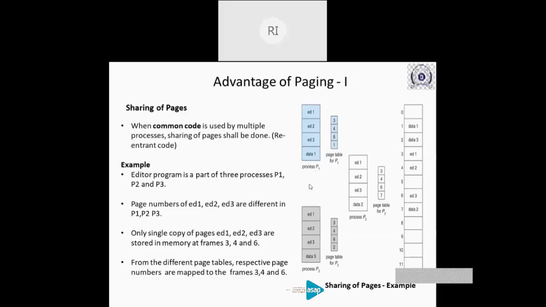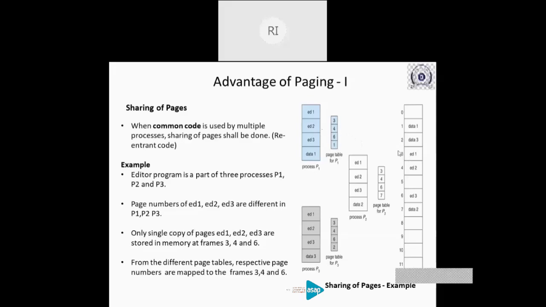Each process will have its own logical address space, and they are divided into pages. But if we look into the page table, we can see that the 0th page of process 1 is mapped onto frame number 3. ED1 is stored in frame number 3. Page number 1 of process P1 is stored in frame number 4.